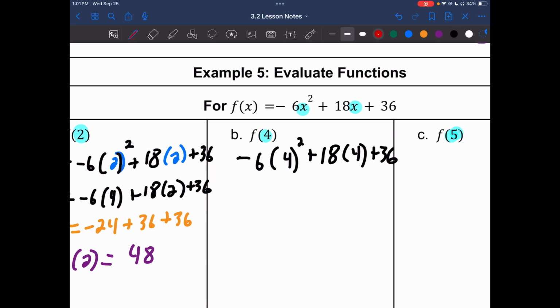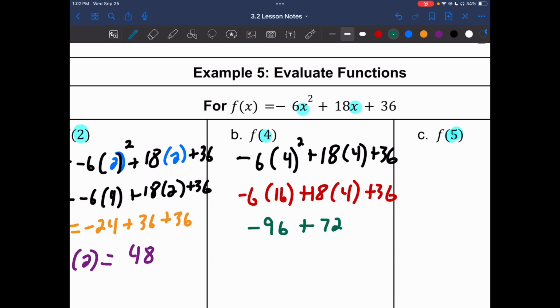First step I do is going to be deal with the exponent. 4 squared is 16 plus 18 times 4 plus 36. Now I do my multiplication. Negative 6 times 16 is negative 96. 18 times 4 is 72 plus 36. My final step is to add them all together, and when I do, I get 12.